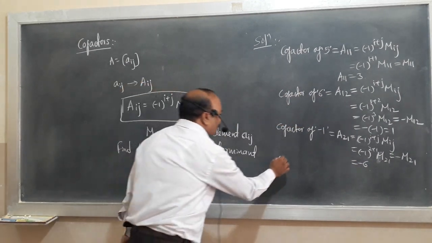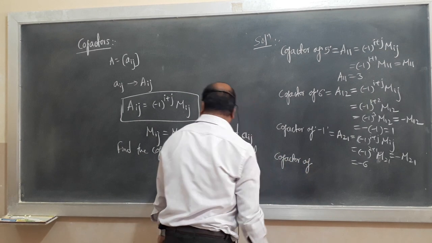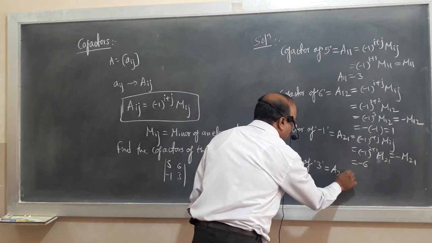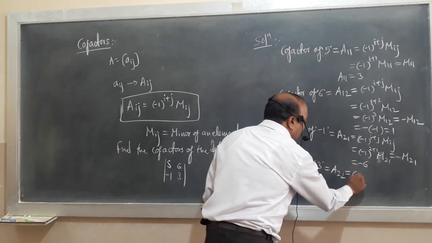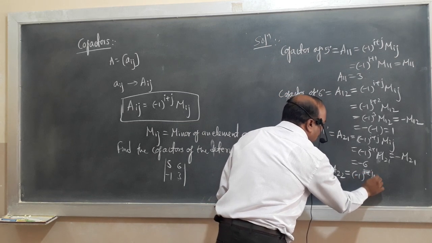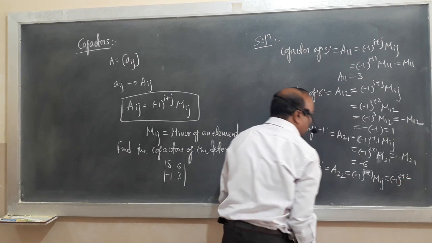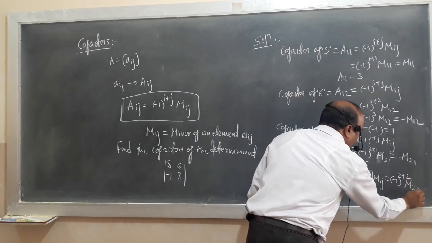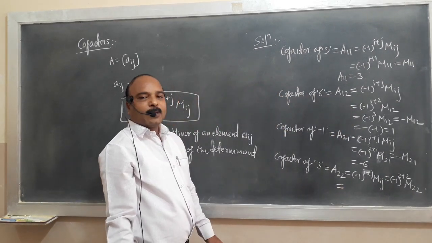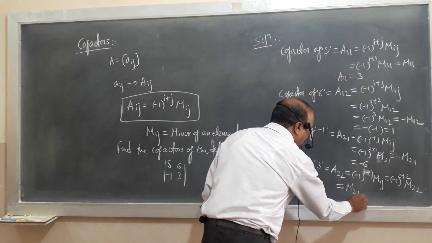Similarly we calculate the cofactor of the last element, 3. It is A22, given by minus 1 power i plus j into Mij, that is minus 1 power 2 plus 2 into M22. Minus 1 power 4 is 1, and 1 into M22 is M22.